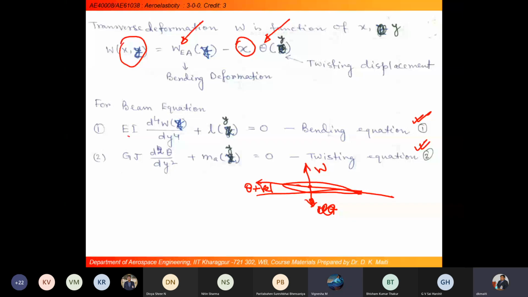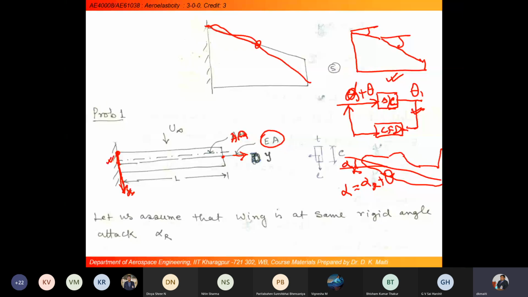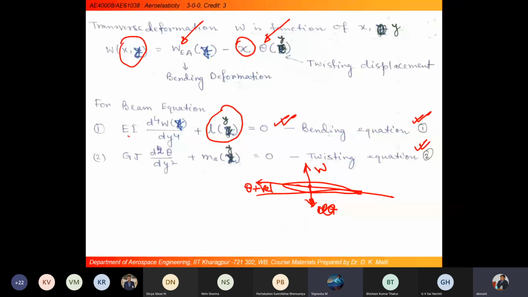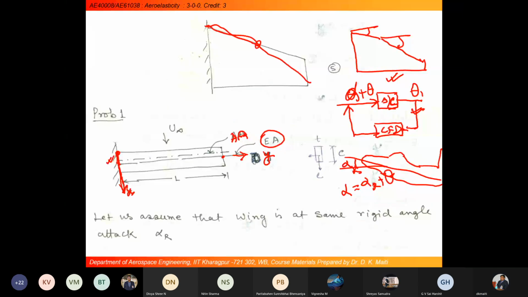Student: Sir, is x along the wing tip to wing root, or along the chord? No, from the elastic axis to the rear part of the wing, along the aerofoil section, towards the back side of the fuselage. This is the origin. Student: Sir, but we have to take different values of x for different cross sections, right?